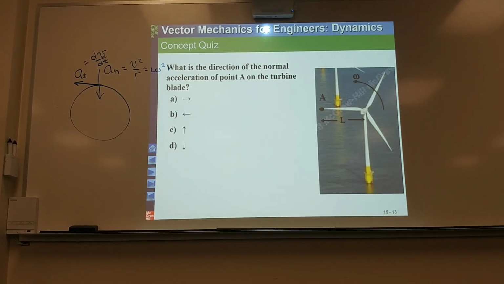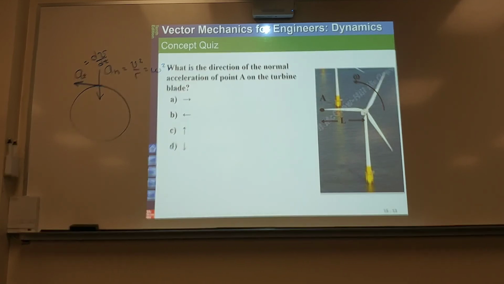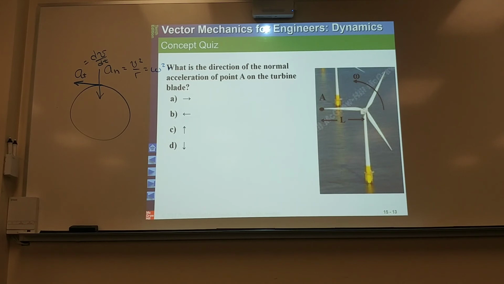Okay, so this one's a little bit different. What is the direction of the normal acceleration? Okay, so it would be inward towards the center. And it would always be inward. Which two directions could the tangential acceleration go?